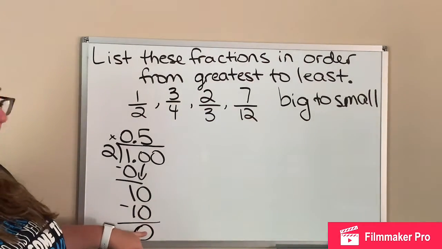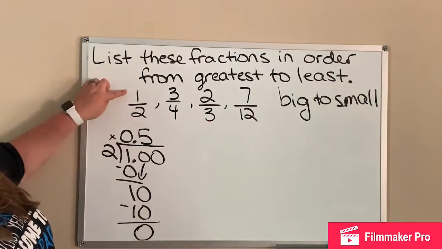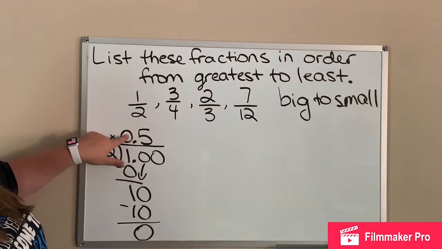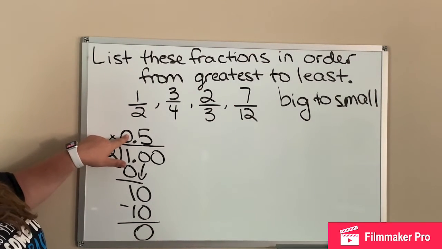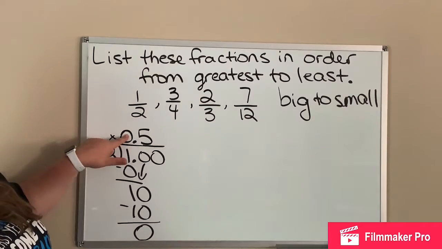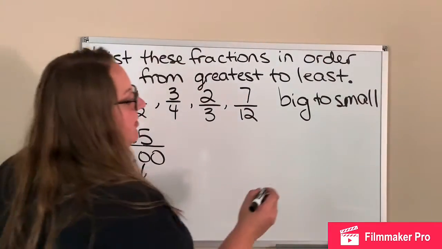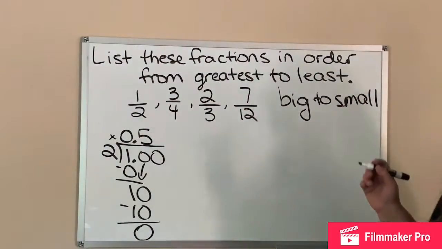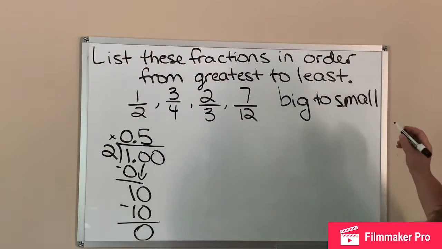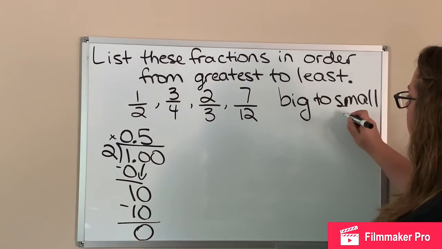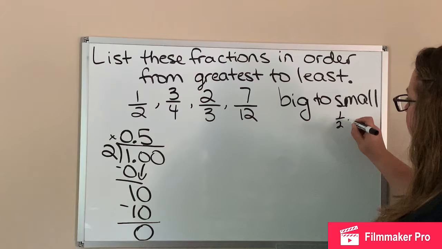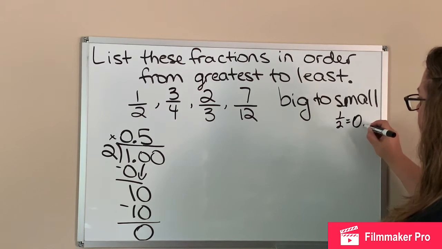Okay, so I can stop because I got a 0. So 1/2 is equal to 0.5 as a decimal. So what I'm going to do is come over here and start my nice, neat list. 1/2 equals 0.5.